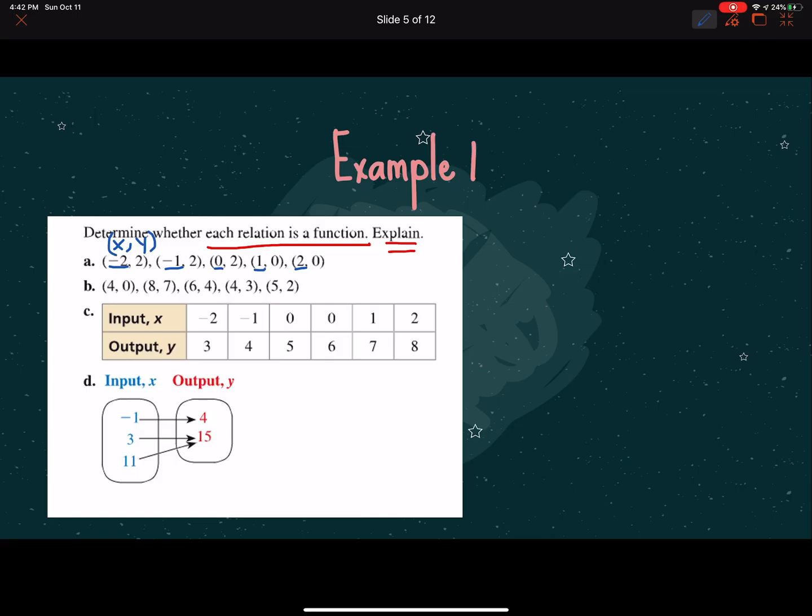So in example 1, part A, when it says determine whether each relation is a function, we can say yes. So I'm going to come over here to the side and I'm going to list A, and I'm going to say yes, it is a function.